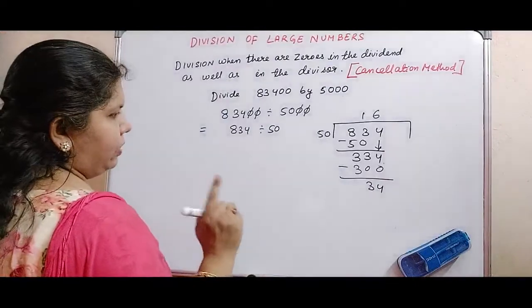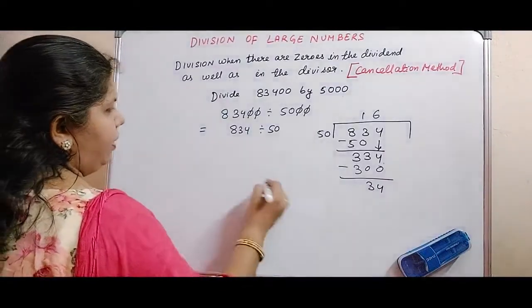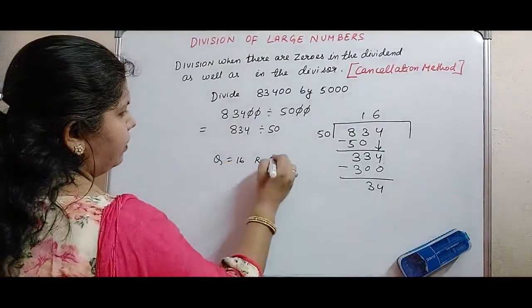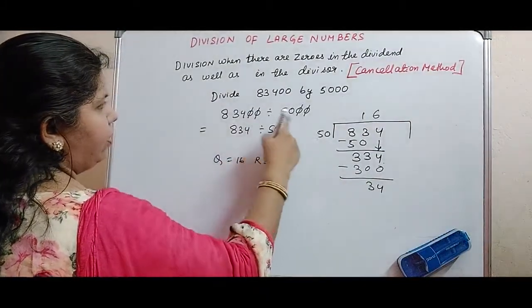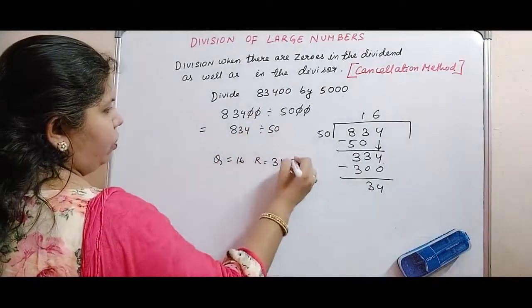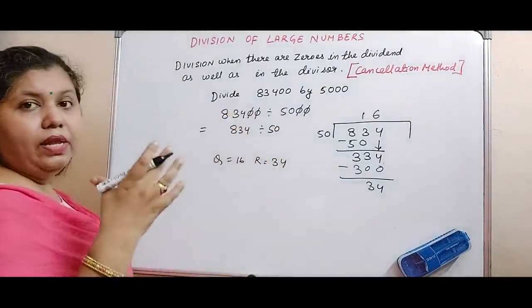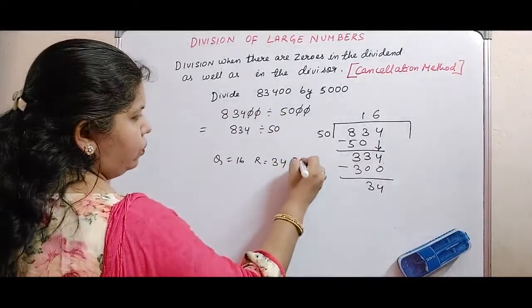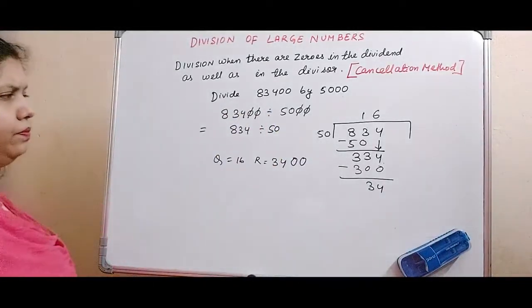But actually what will the remainder be? If the quotient is 16, then the remainder is actually 3, 4, and how many zeros have you cut? 2 pairs of zeros you have cut. So the cancellation that you have done is 2 zeros, so 2 zeros you will put here.